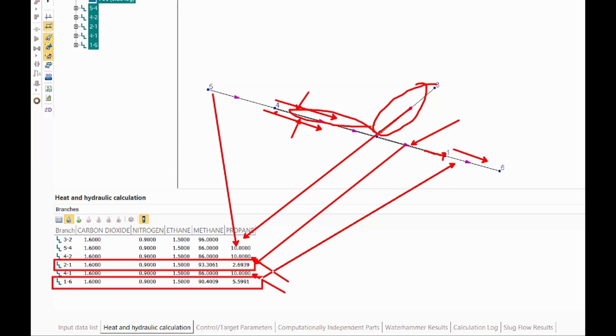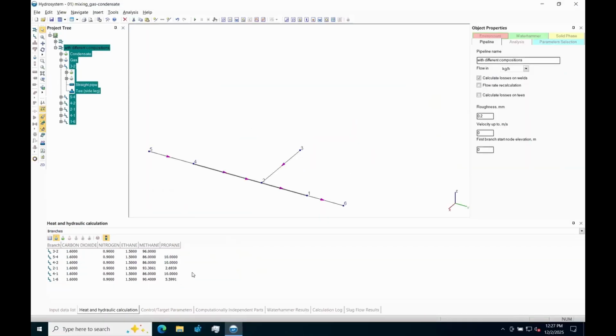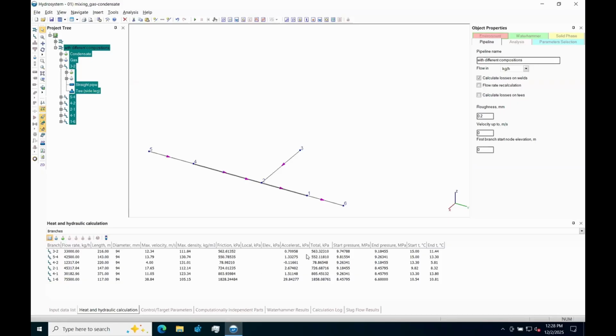So as I mentioned earlier, in every piping component, you will see how your fluid behaves and what composition it has. You may think that it is not really important, but sometimes it shows a great difference in calculation results.